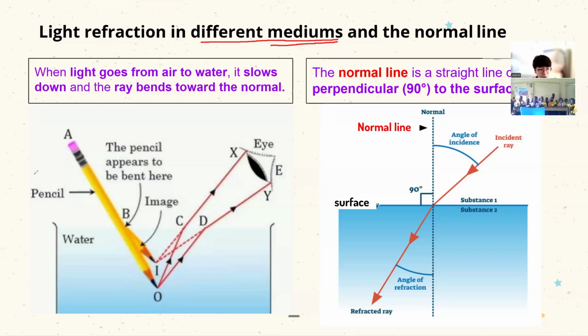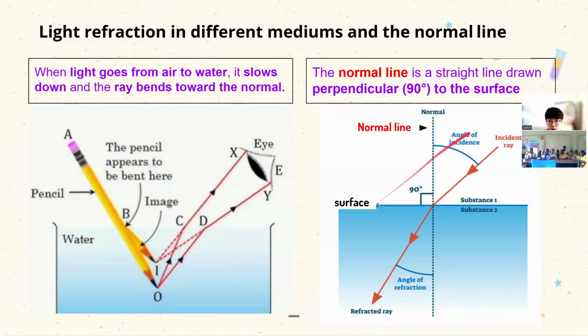So air is a medium, water is a medium, even solids like glass are a medium. And the normal line that I'm talking about is a straight line drawn perpendicular to the surface.